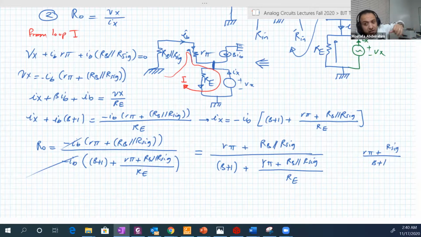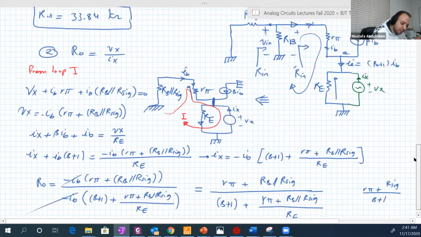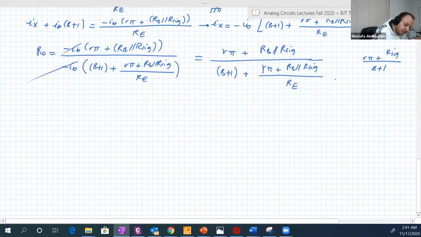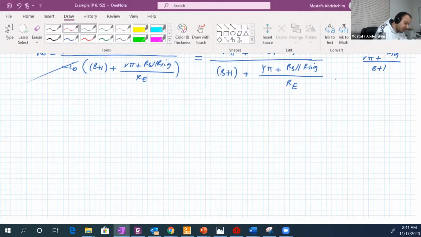So to check on yourself, put RB equal to infinity, because in that example that we solved in the beginning, there was no RB, which means RB is equal to infinity, and there was no RE, which means again it was infinity. So let's do it one by one. So let's do it with another color.